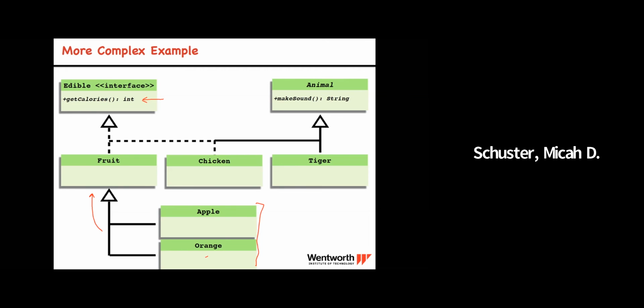Interfaces give you more flexibility in defining that, because we know a chicken is an animal. If we left it there, we would have to do something special for the chicken to say that it was edible. But by using the interface, we can just implement edible, and that's it. It is edible. It isn't an editable class.